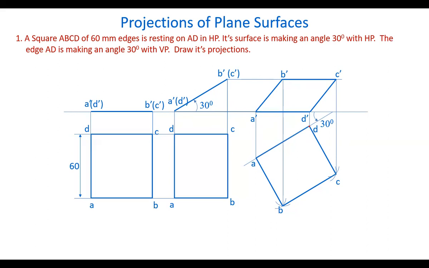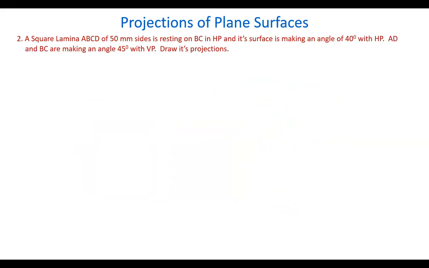Now, next, let's take another plane, say square lamina ABCD. It's resting on BC here, right? It's a surface making some 40 degrees angle with HP, and the same BC is making an angle of 45 degrees with VP. Let us see how it is.